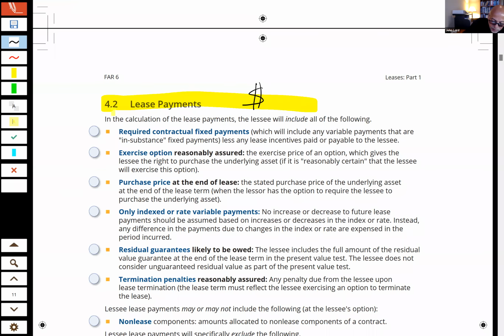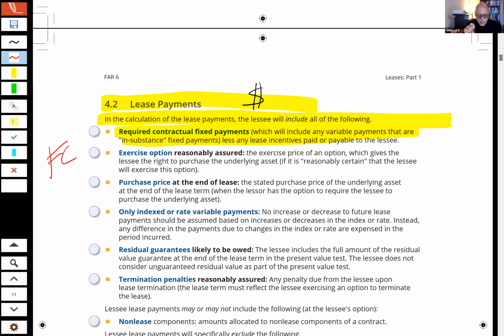Okay, and let's just go ahead and take a look. The required contractual fixed payments, okay, whatever those are, you can flashcard these. And I'm not sure, maybe I'll be able to figure out the mnemonic after I go through this. So I might be able to put in these bubbles here, but I definitely want you to flashcard the payments that should be included.